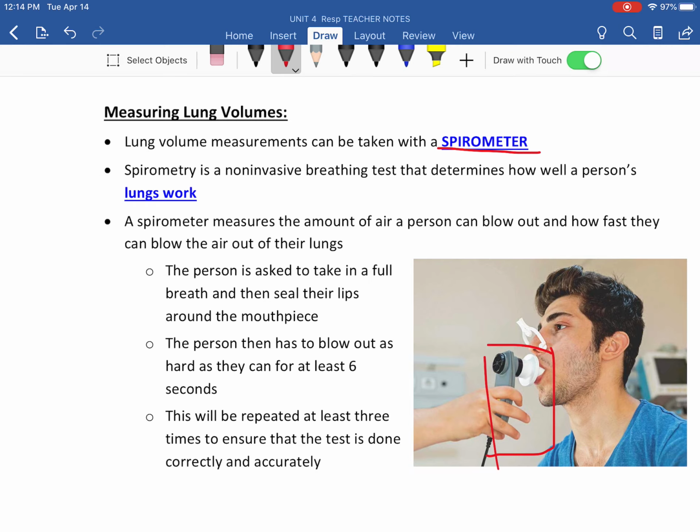Basically they would clip your nose so that air is not going in or out there. And then you're going to be taking a full breath in, sealing your lips around the device, and forcing out as much air as possible. And you'll repeat that, and it will help them determine your lung volume. How much air are you able to breathe in and out, and get an idea of your vital capacity.